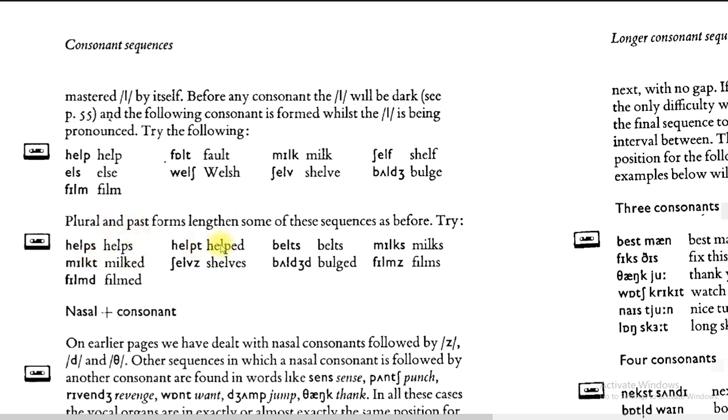Also here we have helped. You remember this note: when the word ends with a voiceless consonant, then the ED past form will be heard as T and not D. So helped, because the word ends with a voiceless consonant, the ED past form is also heard as voiceless, which is T.